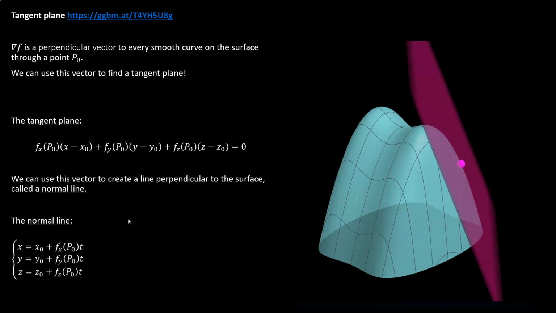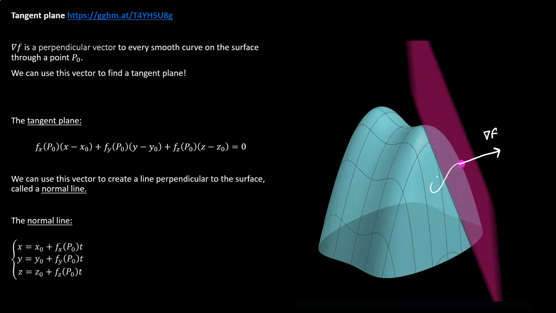So remember that the gradient of f is a perpendicular vector to every smooth curve on the surface. It means if I were to draw a curve on my surface and then calculate the gradient vector at any point on that surface, the gradient vector is going to be perpendicular to it.